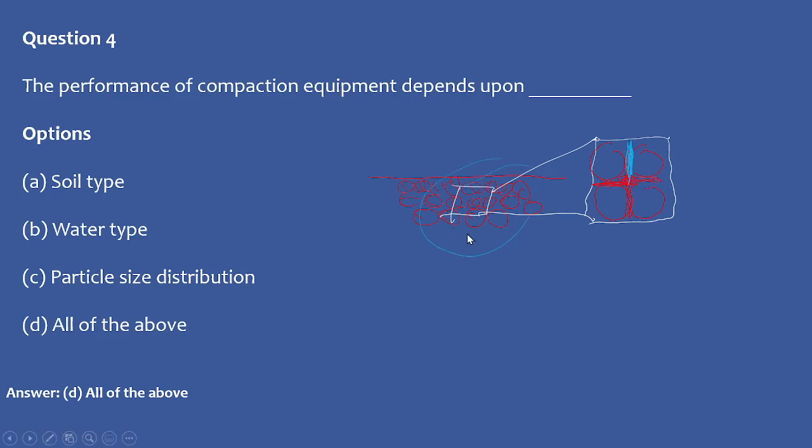So that will be reduced with the presence of the water. So basically the presence of water will give an increase or decrease in the overall density of the soil.